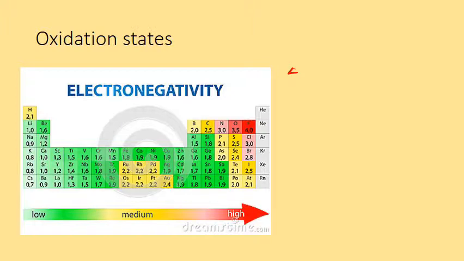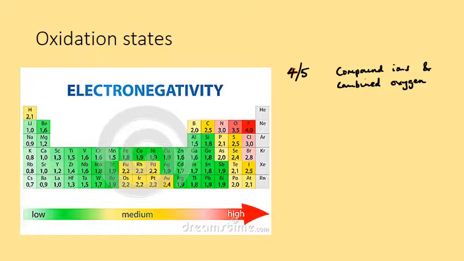So let's deal with rule 4 and 5 together. And so we're going to talk about compound ions, and combined oxygen. So let's use an example to illustrate that.